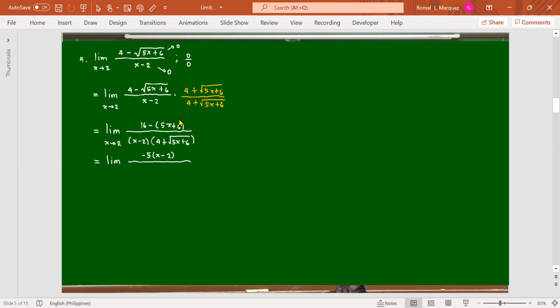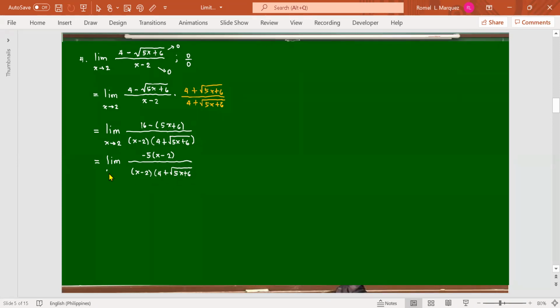Guys, the numerator is 10 minus 5x, right? If I factor out negative 5, I get what? x minus 2, no? What about the denominator? We just copy, no? So getting x minus 2 times 4 plus square root of 5x plus 6.